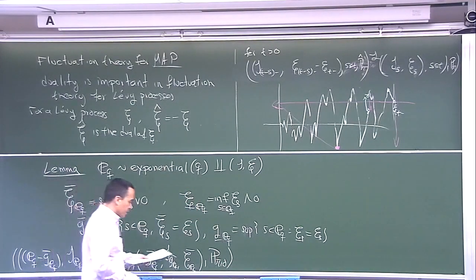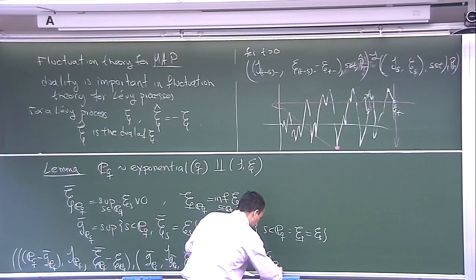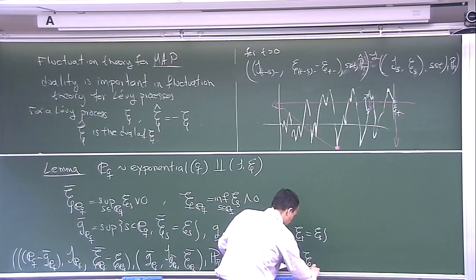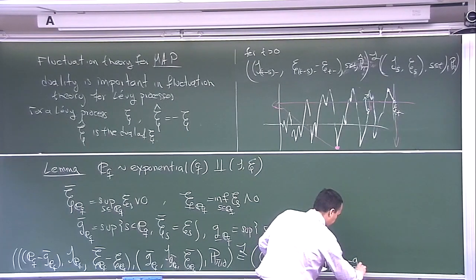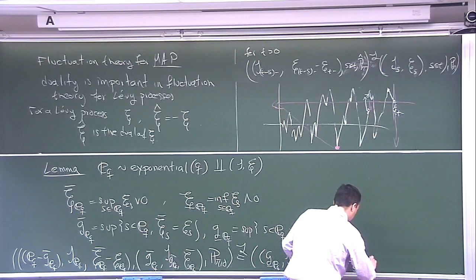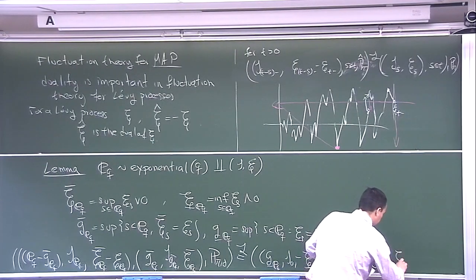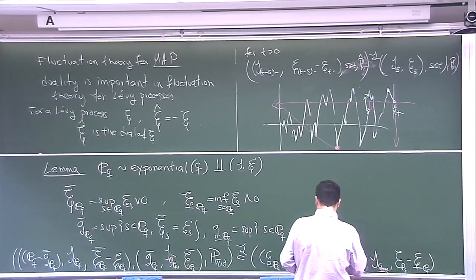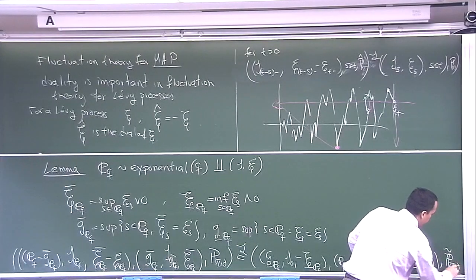Okay. This is equal in law to G infimum e_q, J_0, minus ψ e_q, ψ infimum, e_q minus G e_q infimum, J at G e_q infimum, and then ψ e_q minus ψ infimum e_q, under P_pi 0.